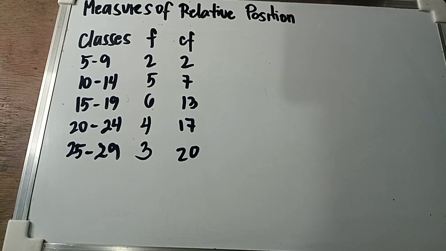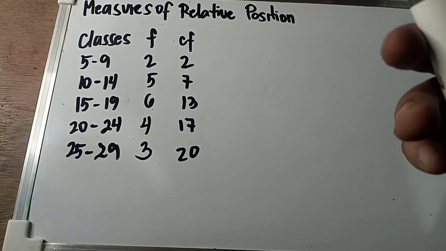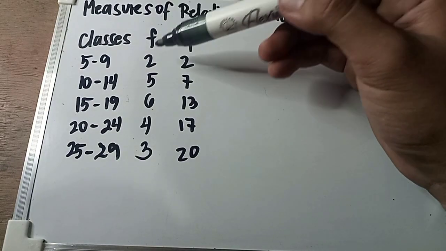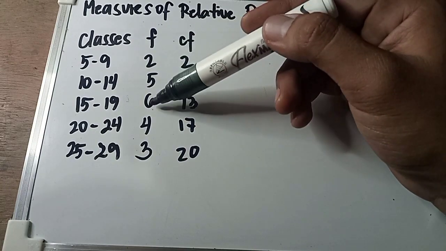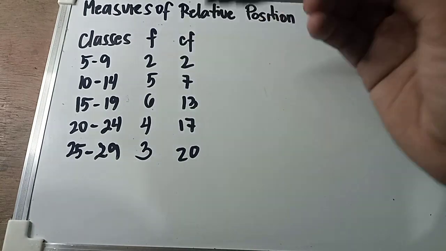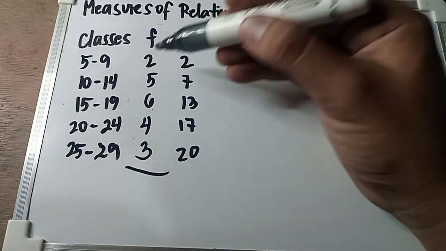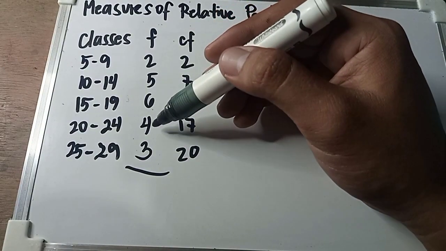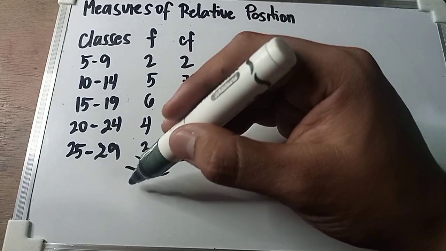Okay, so we have here example data. We have classes of 5 to 9, 10 to 14, 15 to 19, 20 to 24, 25 to 29. Ang frequency ni 5 to 9 ay 2, 5, 6, 4, 3. Total of ilan? So, 7, 13, 17, 20.